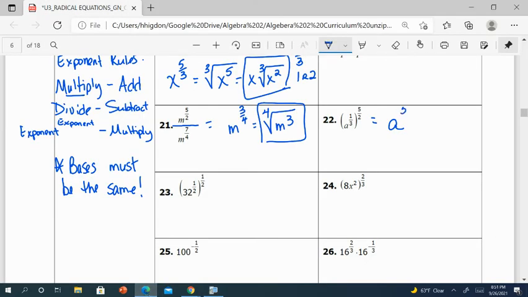So this becomes a to the 5/6 power. Rewriting that in radical form, we have the 6th root of a to the 5th. And again, the number of a's on the inside is less than the index, so that's my answer.